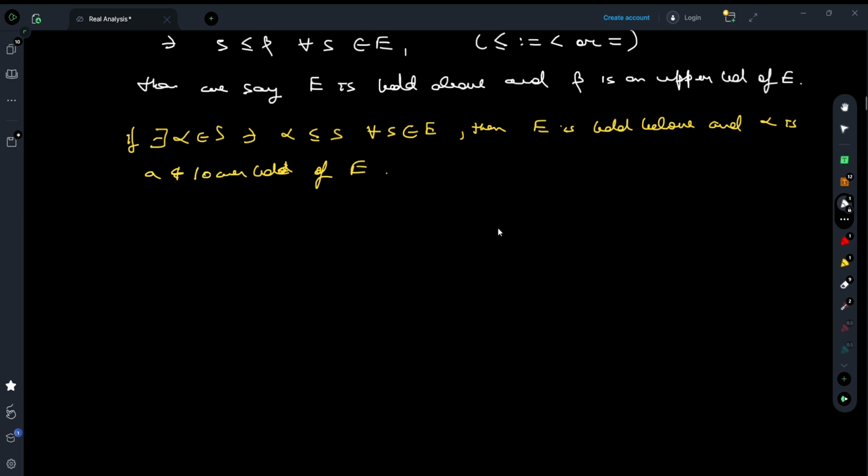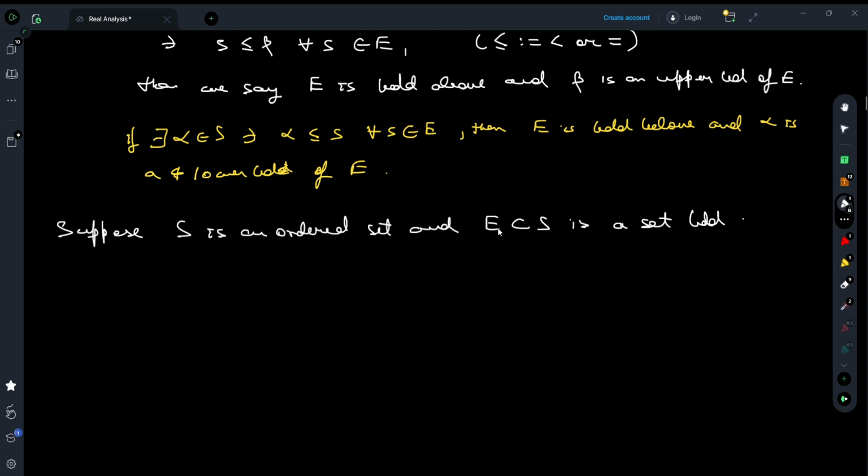So we carry out a definition using the concept of bounded above, and the similar concept will also apply for bounded below. Suppose S is an ordered set and E contained in S is a set bounded above.